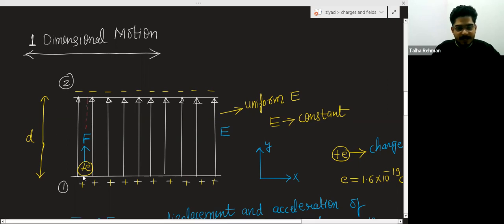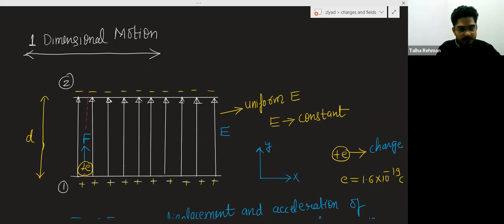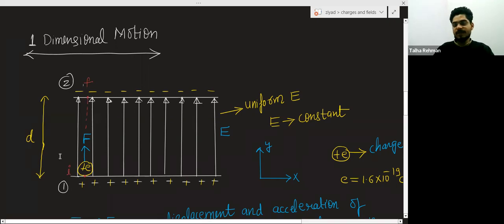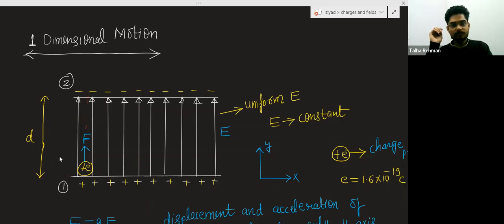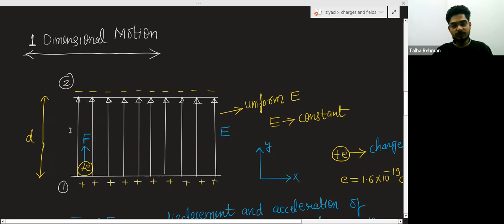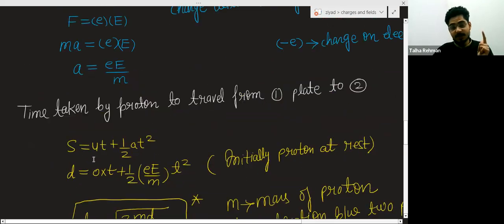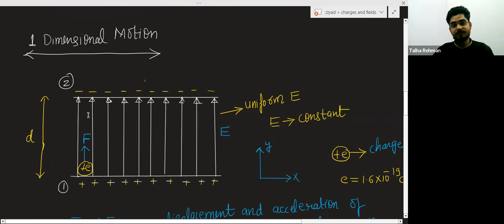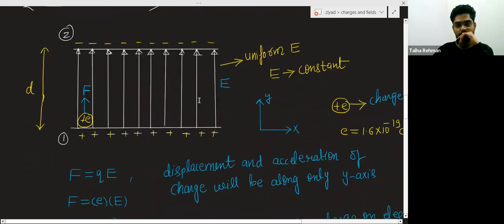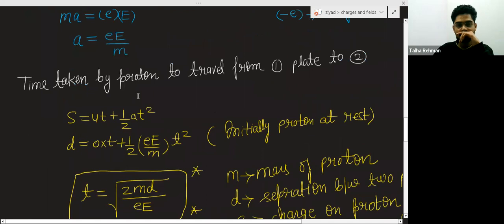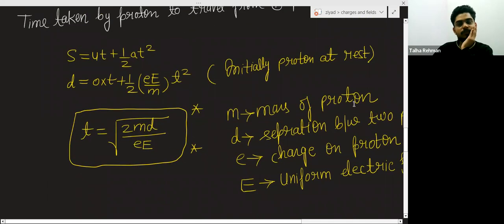So initially this charged particle will be here. This is the initial position and this is the final position. So this is the displacement, and displacement is the straight line distance between the initial and the final position. Now you can put this value in this equation and you will get the time taken by this charged particle to move from one plate to the other plate.